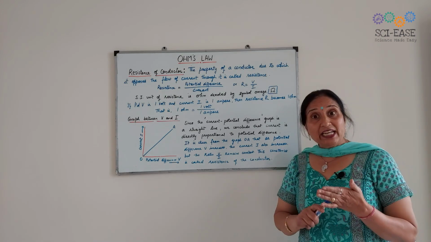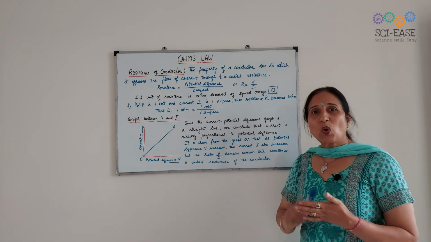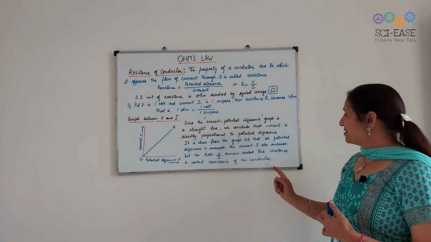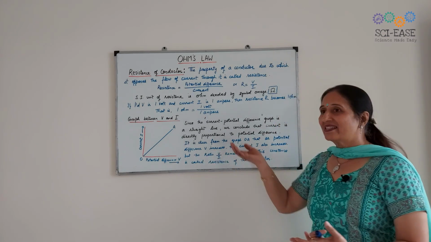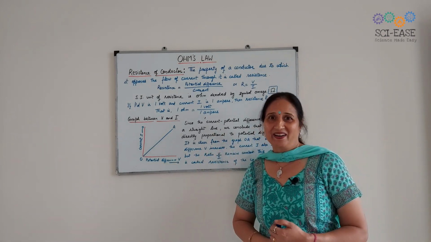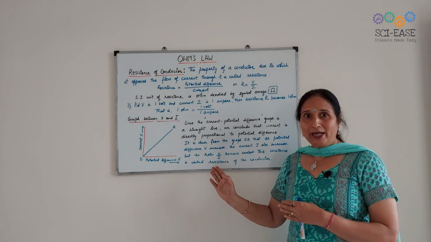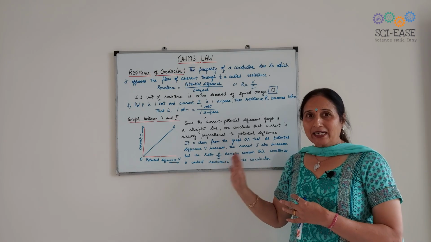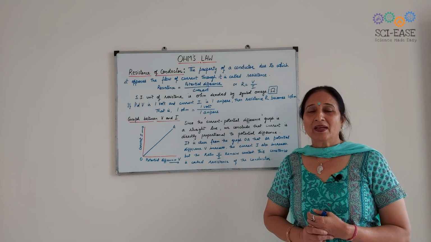But the ratio, that is V by I, remains constant. And this constant is nothing else, it is the resistance of the conductor R. So, this is again very important. During practicals you will see how this graph is obtained.